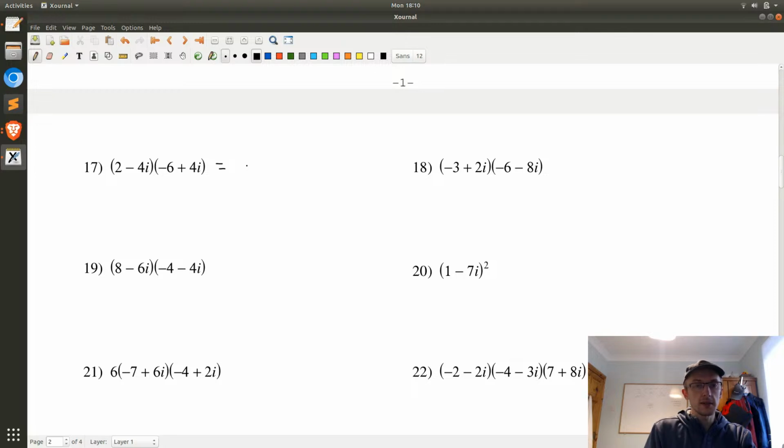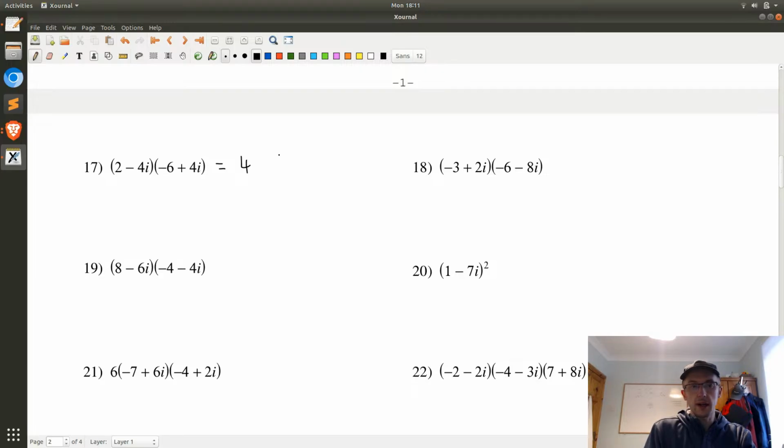Real part first. Negative 12, add 16, so 4, beg your pardon, that's not right. Negative 12, add 16 is 4. That's fine. Imaginary part next.